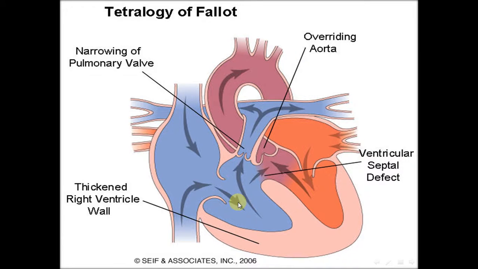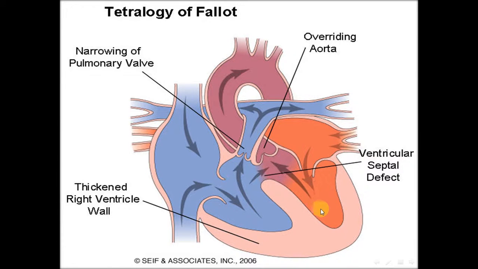But in Tetralogy of Fallot, when the blood from the right ventricle is supposed to be pumped into the pulmonary artery, it is exposed to an obstructed area. So the muscle here will pump the blood into the left ventricle.